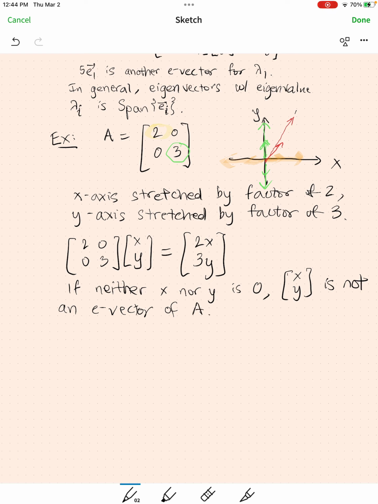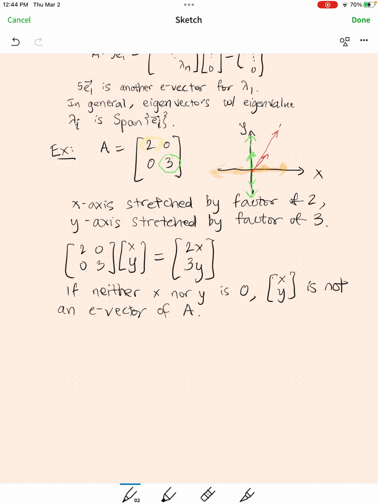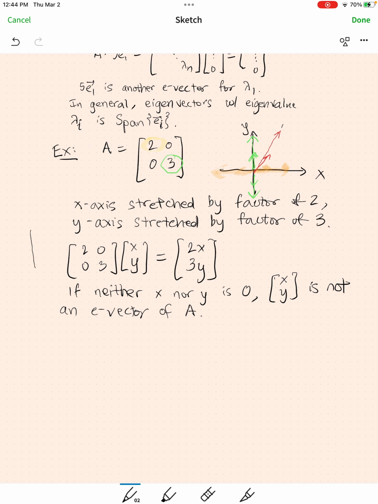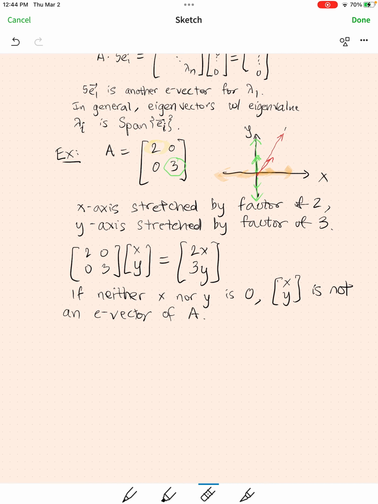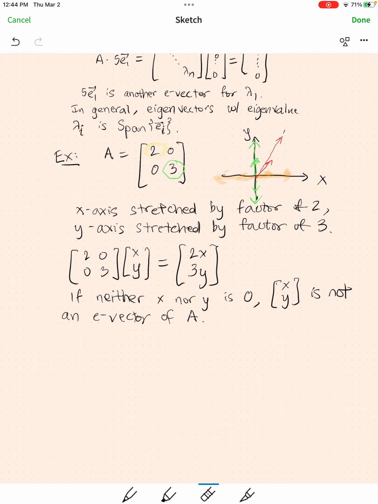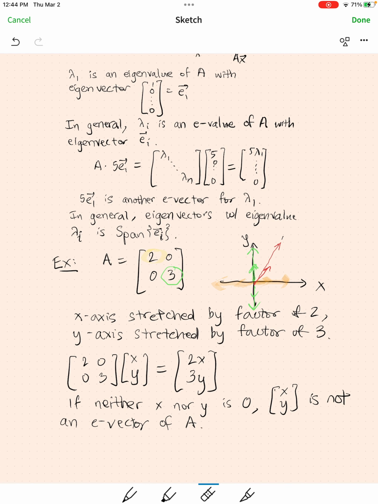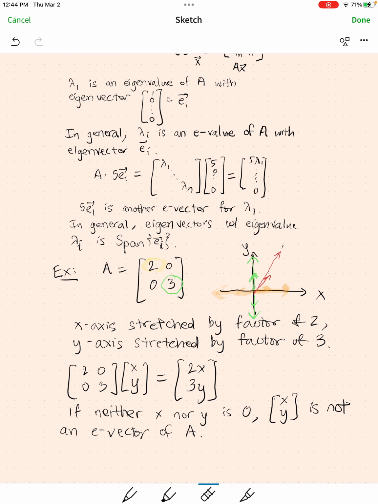So that's just a very basic example. And one thing I just realized is that I should have been more precise above. I was a bit sloppy because technically eigenvectors aren't the 0 vector. To be super precise, the eigenvectors with eigenvalue lambda i is the span of ei except you take out the 0 vector.